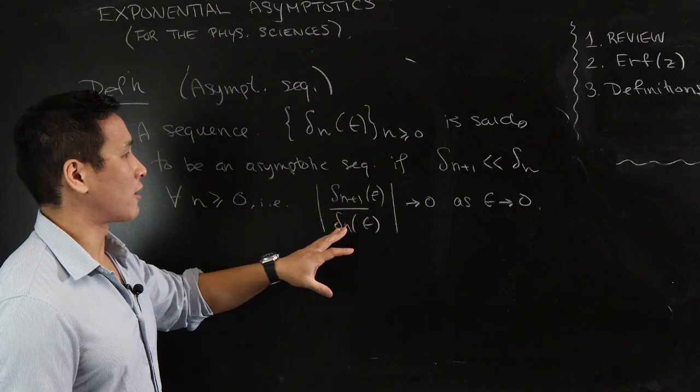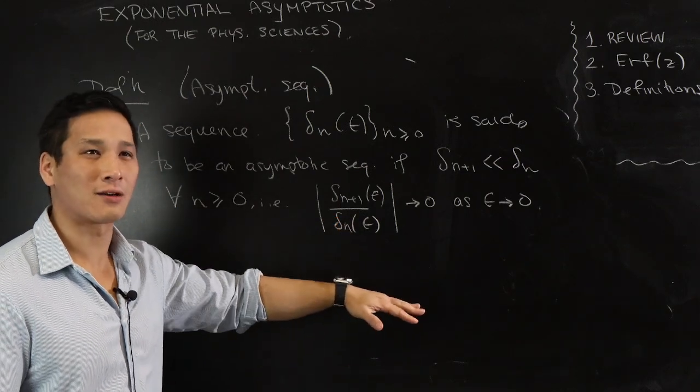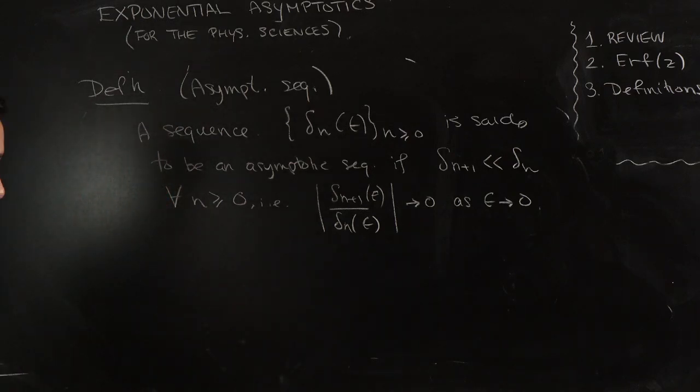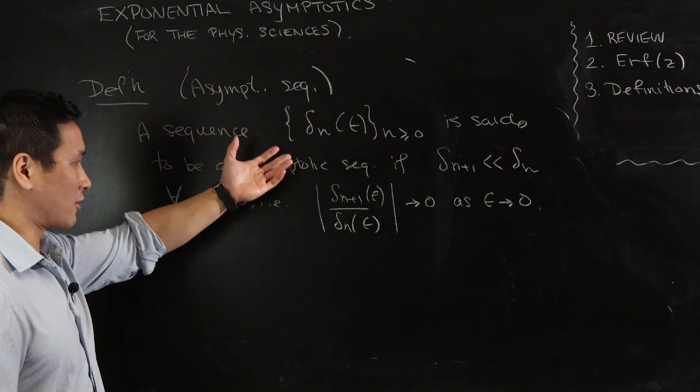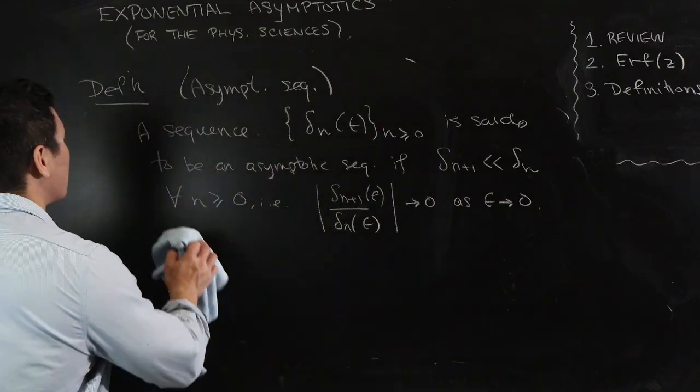But for the most part, the asymptotic sequence that you might have in your head is the standard one, which is just algebraic increasing powers of epsilon.